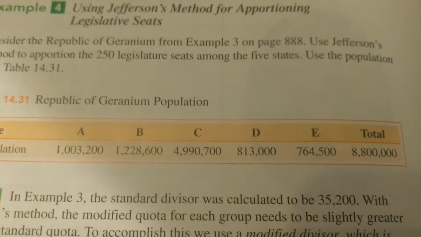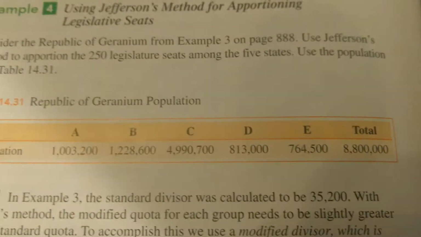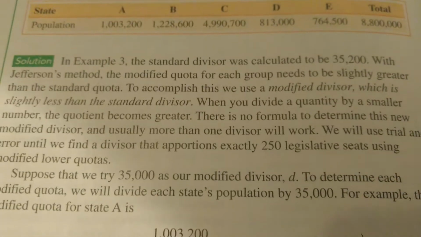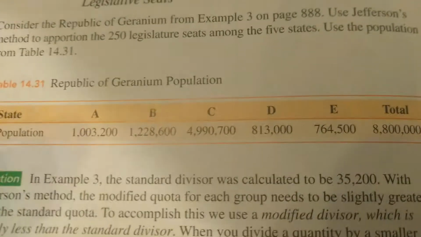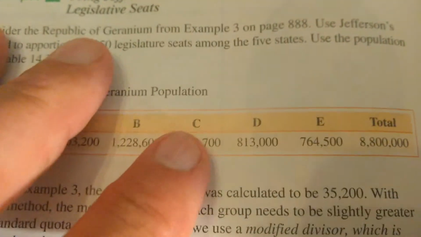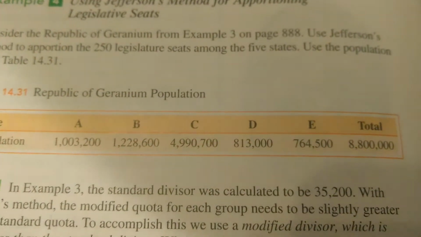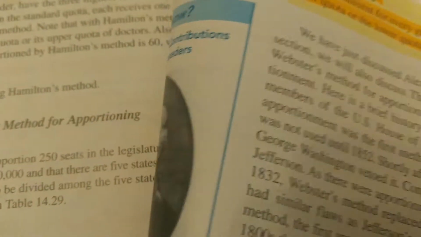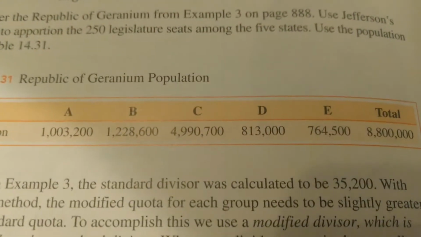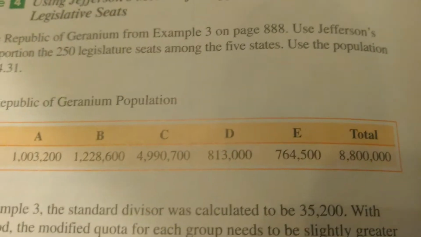All right, and now what we want to do is just pick a divisor. We don't really do what we did with Hamilton's method, where we actually calculate a divisor, we pick one.